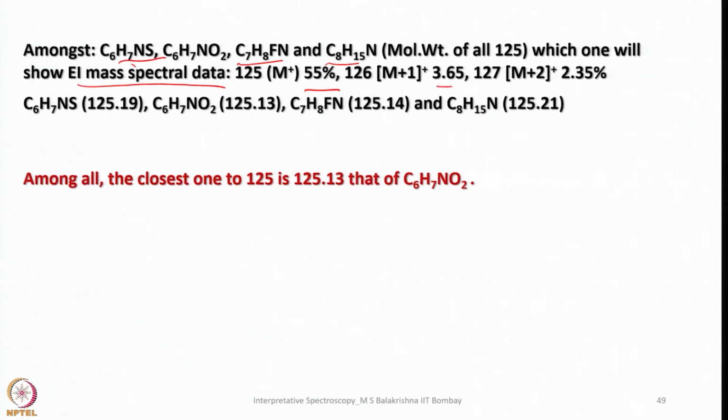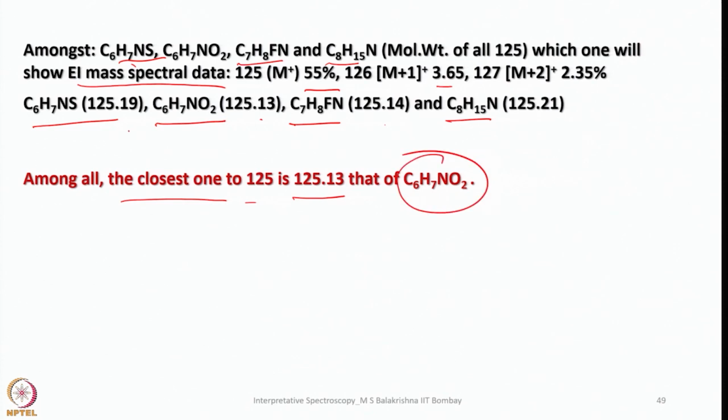Now if you consider, this is 125.19, this is 125.13, this one is 125.14 and this one is 125.21. Among all, the closest one to 125 is 125.13, so it corresponds to this one. You can just check the molecular weight of 125.